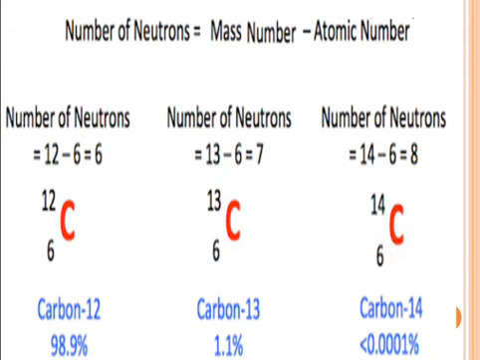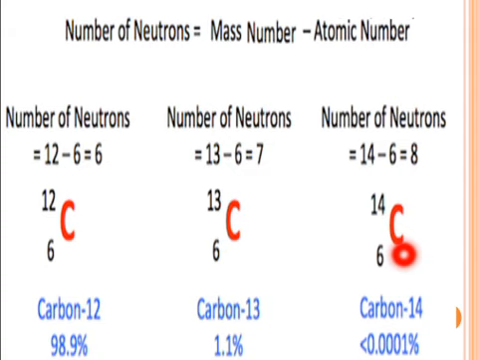Students, one important point that you have to note down: as the atomic number of all isotopes of an element is the same, the number of protons and number of electrons are also the same. It means their chemical properties are also the same, because chemical properties depend upon the number of electrons.